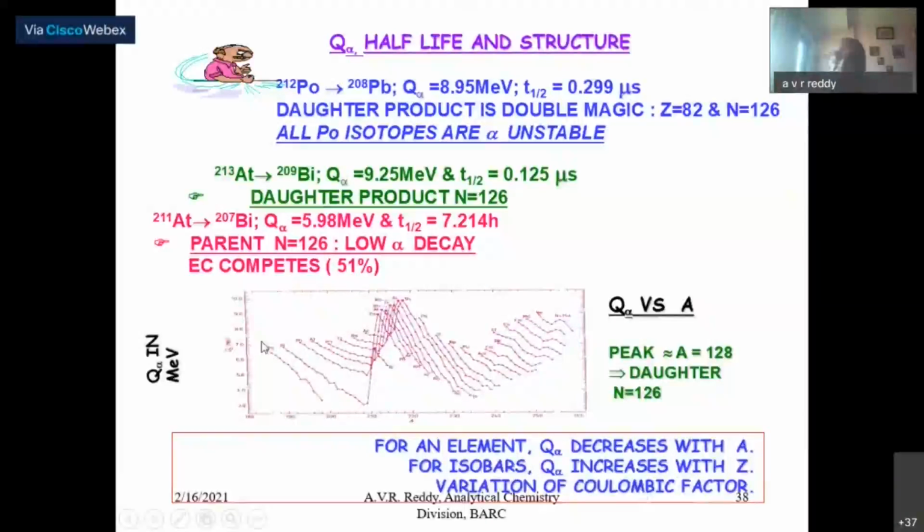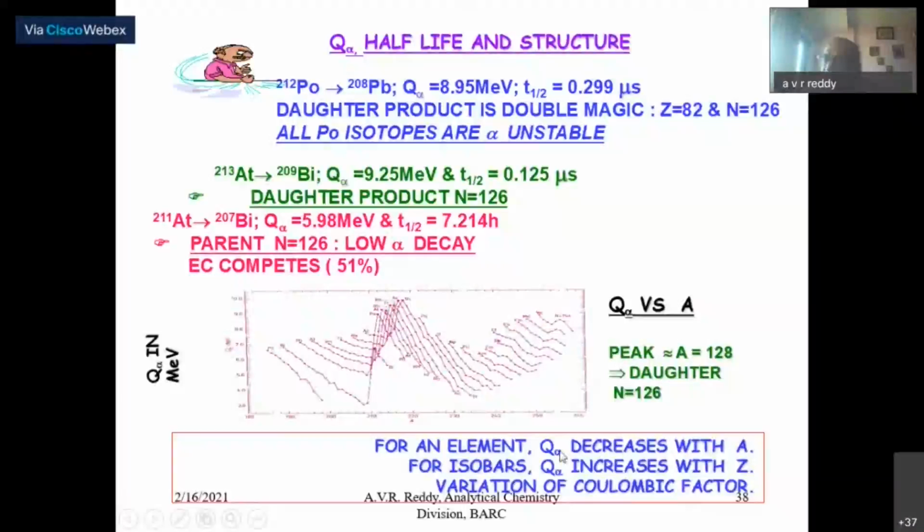Okay? From this plot, we can understand that the Q alpha value is higher if N is equal to 128, and because by emitting an alpha particle, neutron number will be reduced by 2, leading to magic shell configuration.